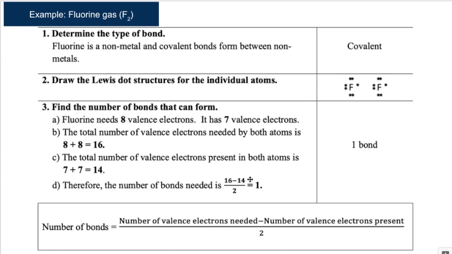So this only needs 1 bond. You can also just look at the Lewis dot structure and notice that each has 1 unpaired electron, so there's going to be 1 bond because they're basically going to pair up together.